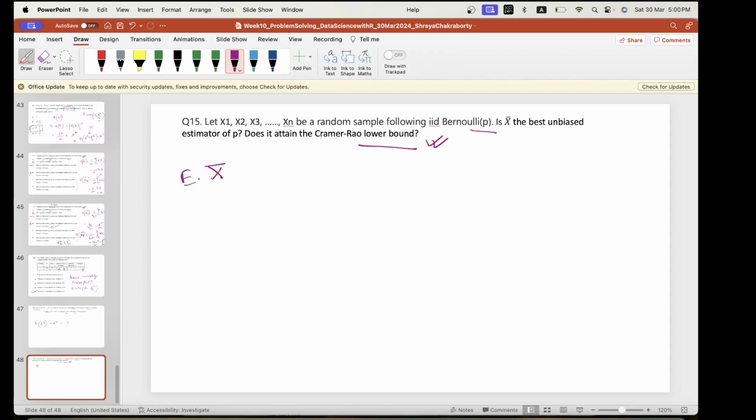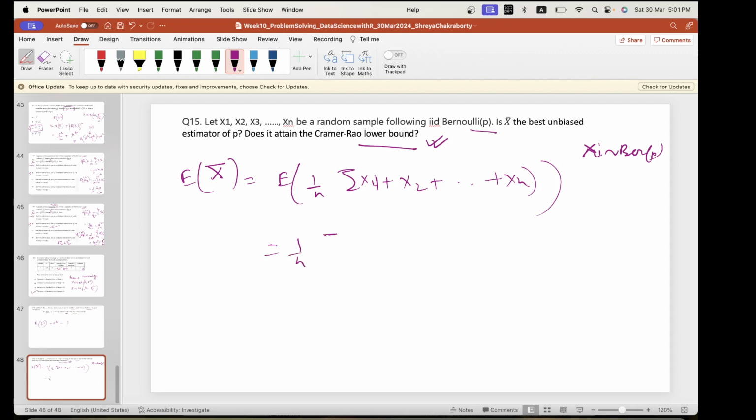So expectation of x bar is expectation of 1 by n summation xi, x1 plus x2 plus up to xn. Each xi is following Bernoulli P. So this will be 1 by n into summation i equal to 1 to n into P. So this will be P. So x bar is unbiased.